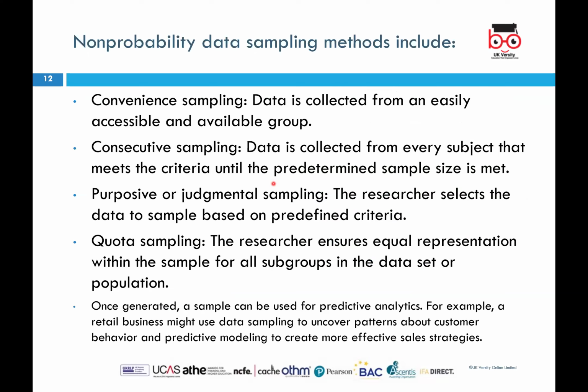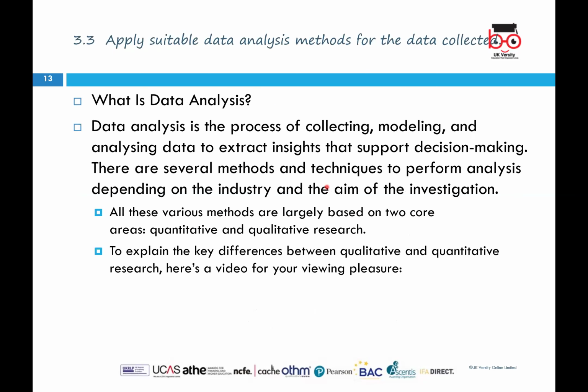However, we don't have enough resources, we would never have enough resources. By resources I don't only mean money, I mean time, manpower. So in this project, it's slightly unlikely that you'll be able to do anything beyond non-probability sampling.